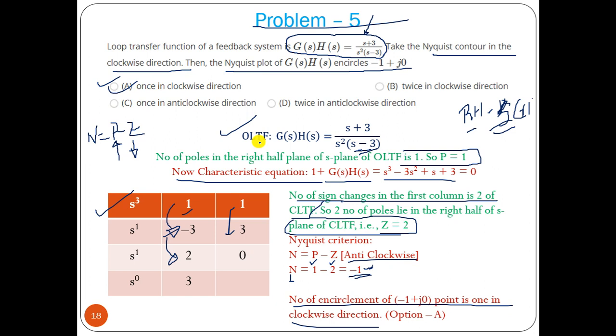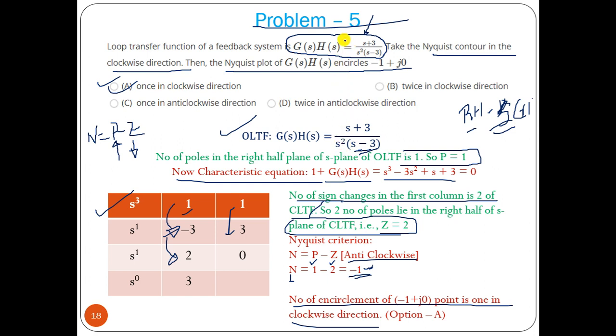Here we can see, if we know the open loop transfer function and we are asked the number of encirclements in the Nyquist plot, we don't have to draw the Nyquist plot, we can do it directly.